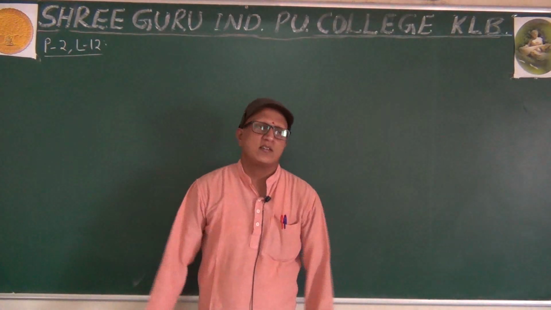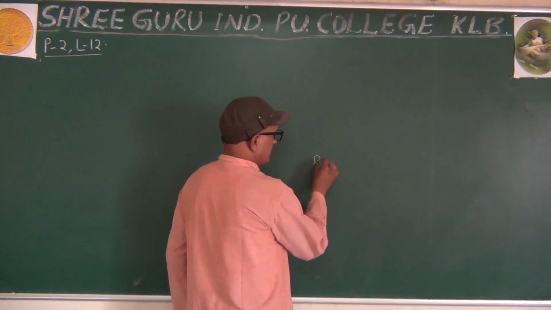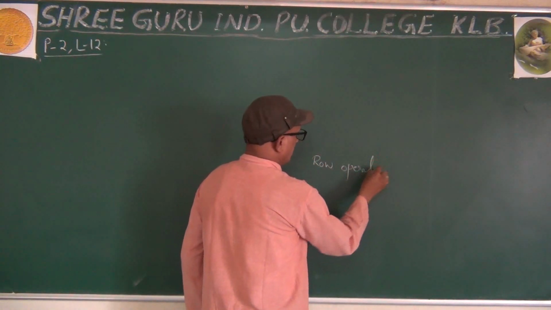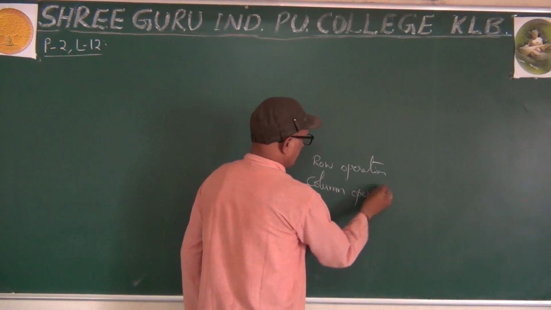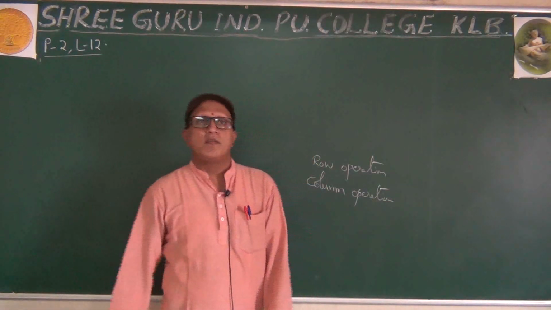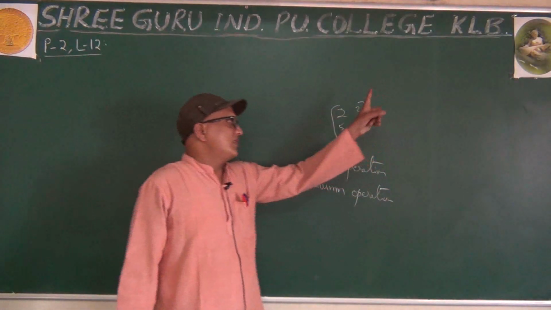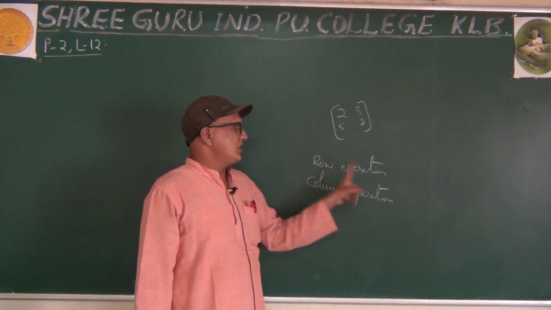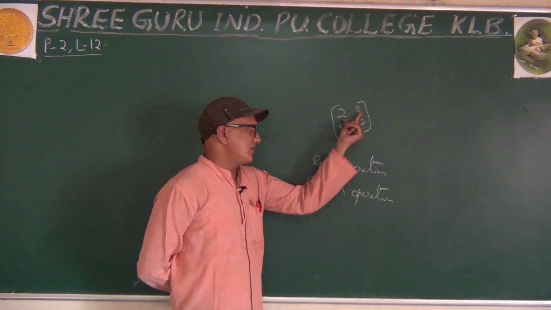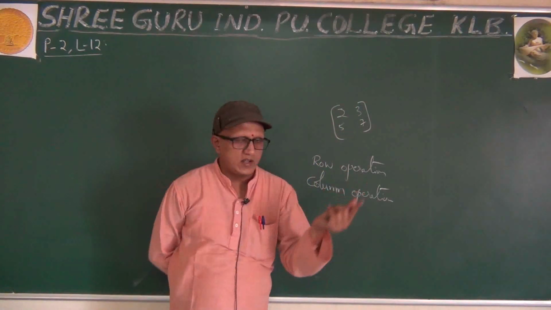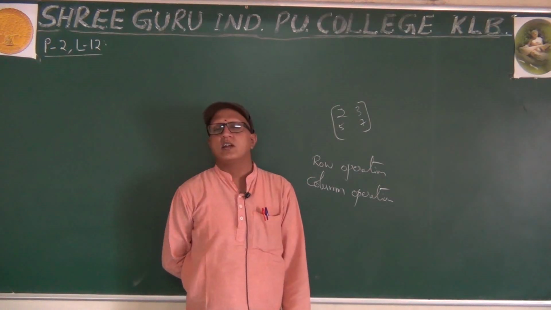In the examination, sometimes, in very few cases, they ask: find the inverse of the matrix 2, 3, 5, 7 by using elementary row operation, or find the inverse of 2, 3, 5, 7 by using elementary column operation. There is very little chance they ask like that.